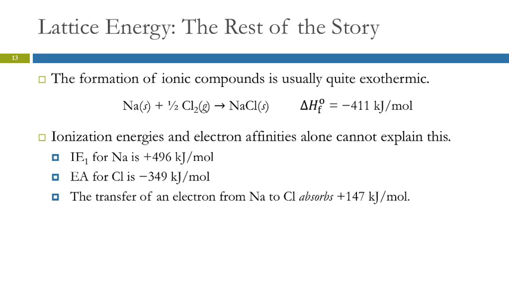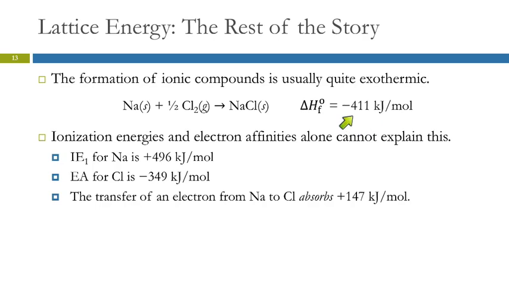Because what we observe is that sodium and chlorine reacting to form sodium chloride is a very exothermic reaction. But we can't explain it just looking at, well, sodium wants to lose an electron and chlorine wants to gain one. That still gives us a positive number saying you'd have to put energy in.